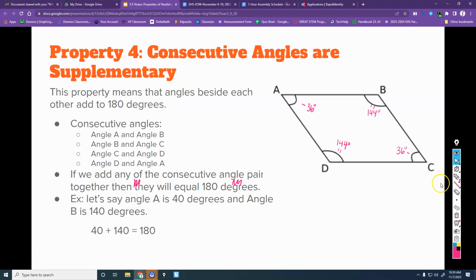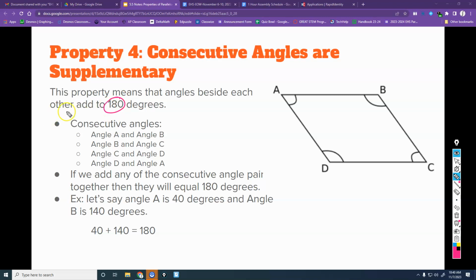All right, now the reason I just changed the numbers on that last problem is because of property number 4. Property number 4 says that consecutive angles are supplementary. So angles that are on the same side, that share the same side, should be supplementary, which means they add up to 180 degrees.